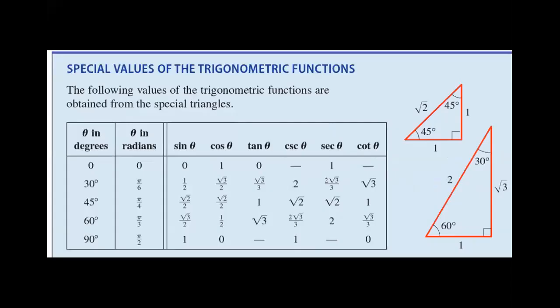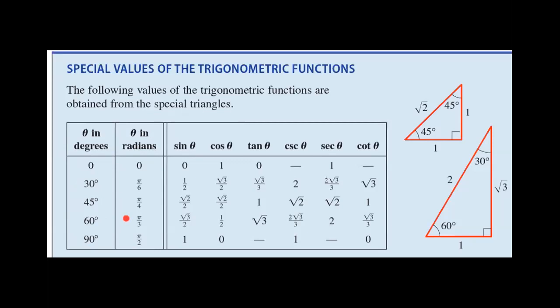Second, we talk about this table, called special triangles, with the angles 0, 30, 45, 60 and 90 degrees. We convert 0 to radians, which is 0, 30 to radians is pi over 6, 45 is pi over 4, 60 is pi over 3, and 90 degrees is pi over 2 radians.